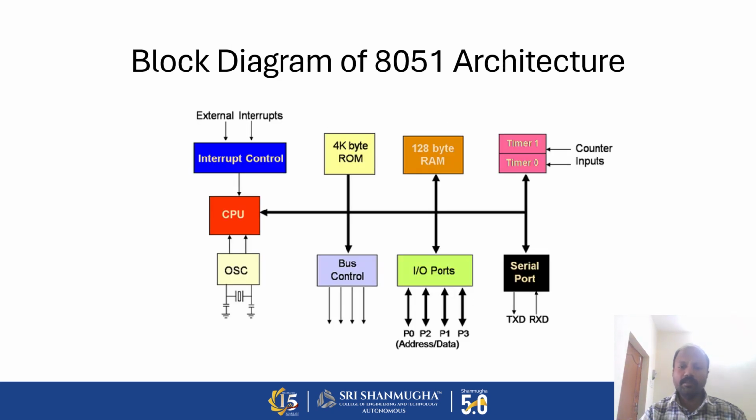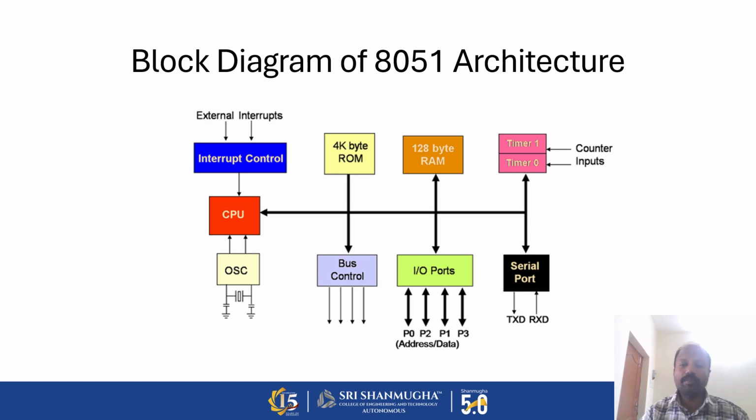This is a block diagram of the 8051 architecture. In this block diagram, we see the CPU, which is considered to be the heart of this microcontroller, and the interrupt control, where we can give external interrupts. The oscillator is for frequency synchronization.